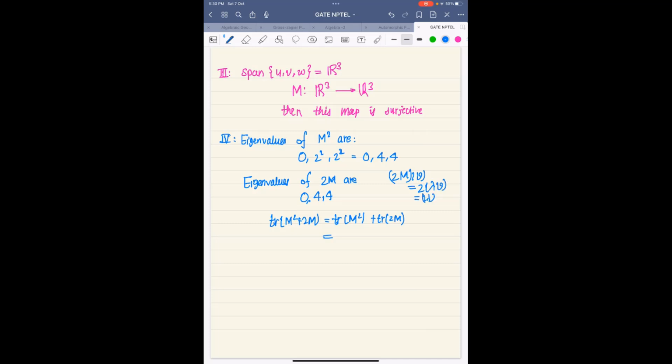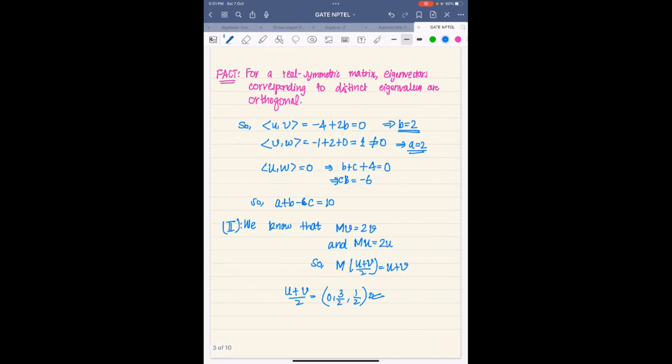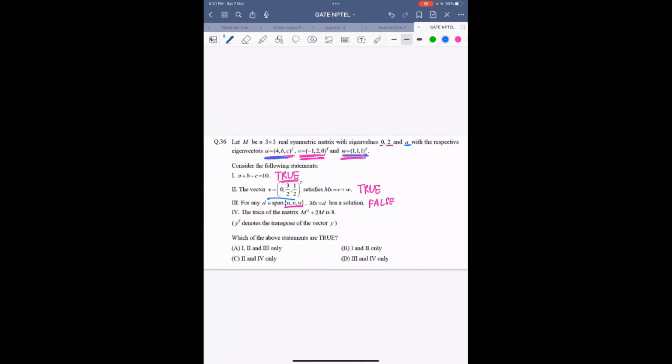So if lambda is an eigenvalue of M, then 2 lambda is an eigenvalue of 2M. So what is the trace of M square? This is the sum of these eigenvalues, which is 8. And what is the trace of 2M? This is the sum of these eigenvalues, which is again 8. So this is 16. So the fourth statement is false. So option B is correct.